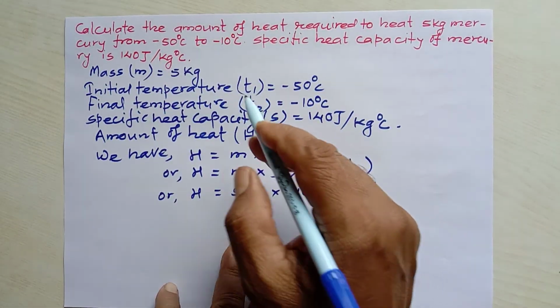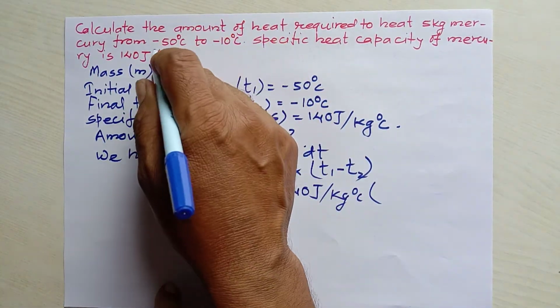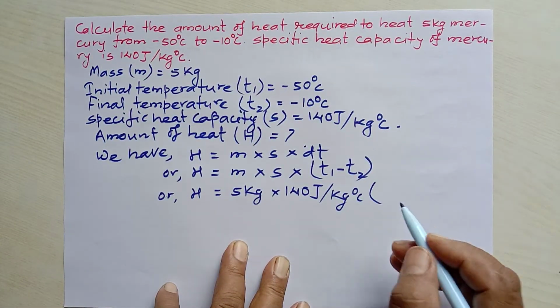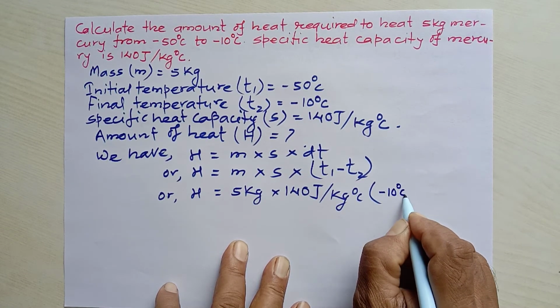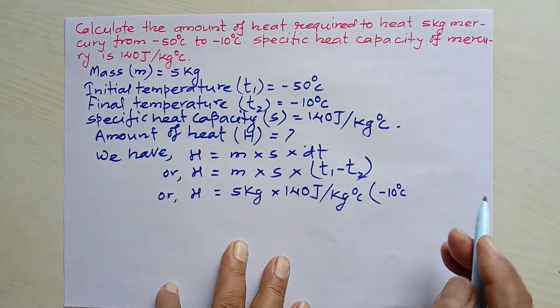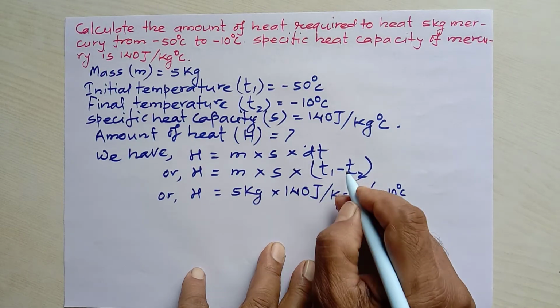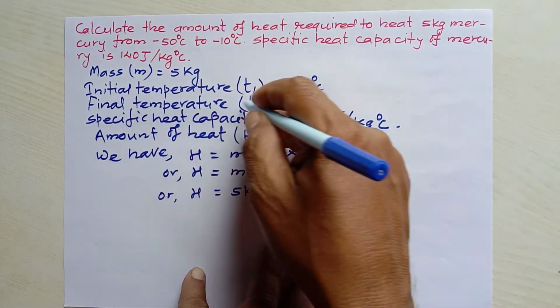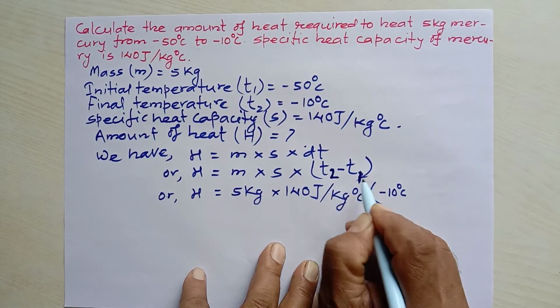You have to think like this: the final temperature is more, so final minus initial is the difference of temperature. It will be better to write final temperature as T2, so I want to correct this to T2 minus T1.